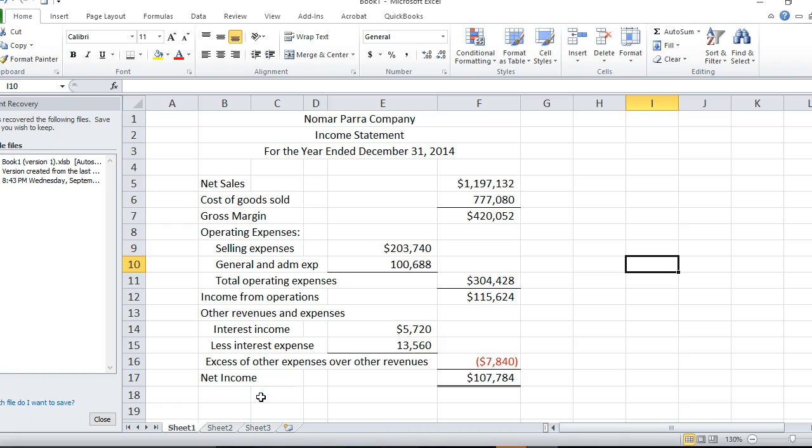From there, it allows us to see, so based on just the selling of the product minus the cost of the product, we have gross margin of $420. It allows us to see our costs in just running the business, to come up with the whole reason we're in business for this purpose. Here's our income from that means. And then our other revenues and expenses are ancillary to what we're in business for.